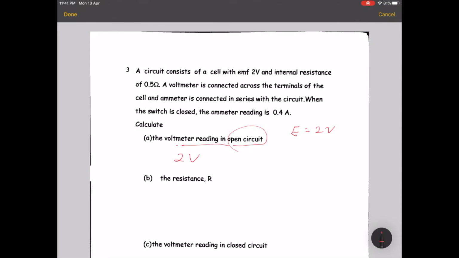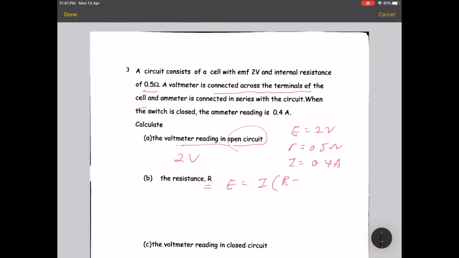And now what other information given? The internal resistance is 0.5 ohm. And the current flowing is 0.4 ampere. And you are asked for the external resistance. So you see here, the voltmeter is connected across the terminal of the cell. So to solve this, I suggest you can just use this simple equation.